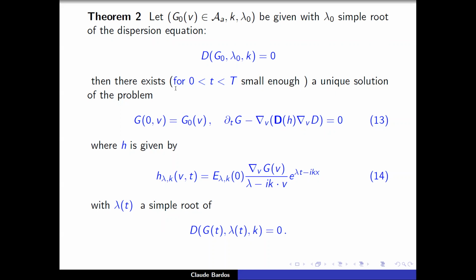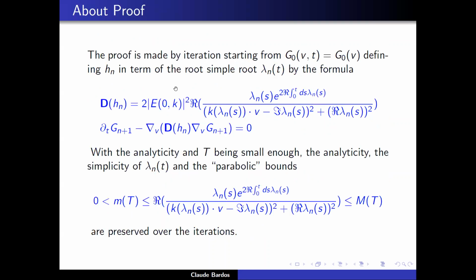Okay, with that, I move on and I compute D. I do that by iteration, and I compute the D of hn. I use the fact that if k and lambda k are solutions of the dispersion relation, the same is true for the conjugate of lambda and minus k.